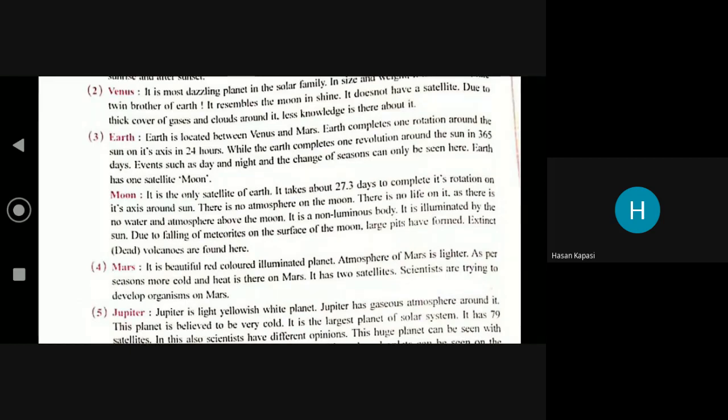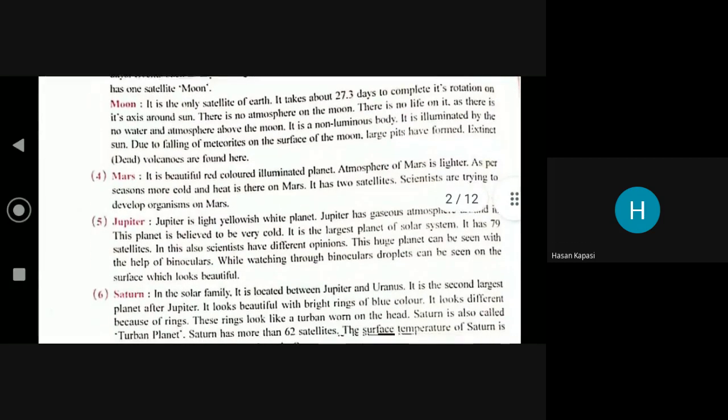It is illuminated by the sun. Due to the falling of meteors on the surface of the moon, large pits have formed. Extinct, dead volcanoes are found here.